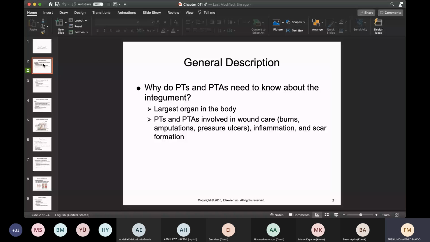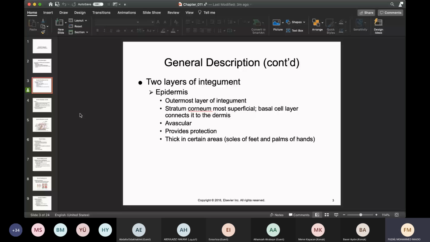As far as the layers of the skin go, again, please refer to your anatomy if you have forgotten about this, but essentially it consists of epidermis and dermis. The outermost part and the thinnest of the two would be the epidermis.